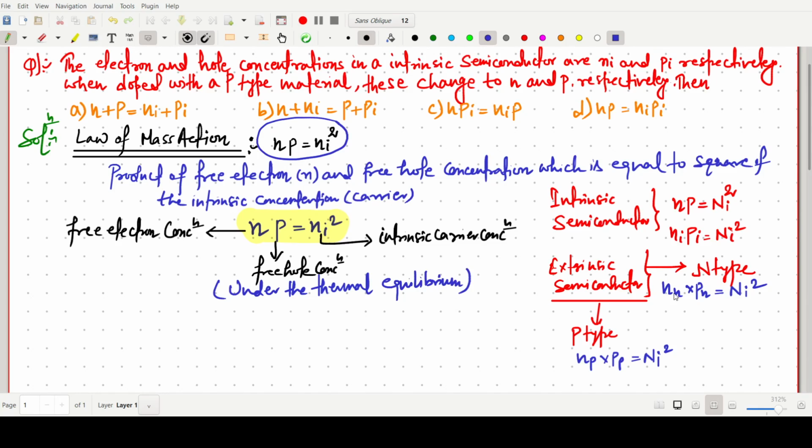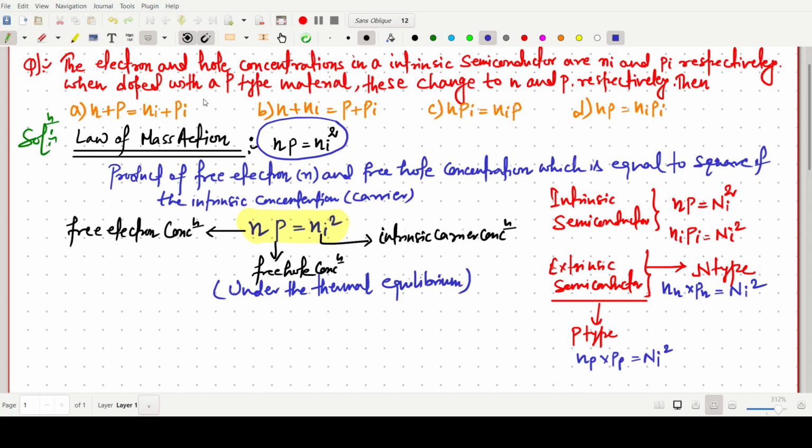In n of n, the suffix n relates to n type, and in n of p, the suffix relates to p type. The intrinsic carrier concentration will be the same in all cases.